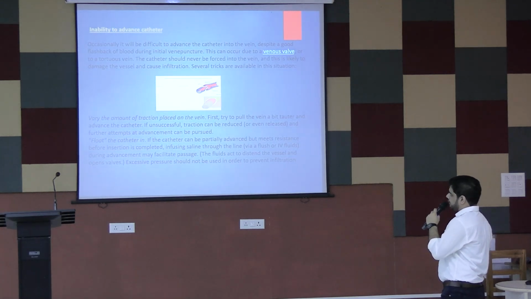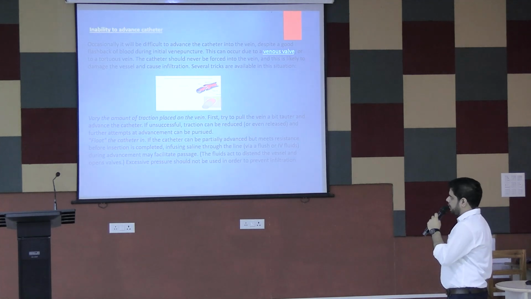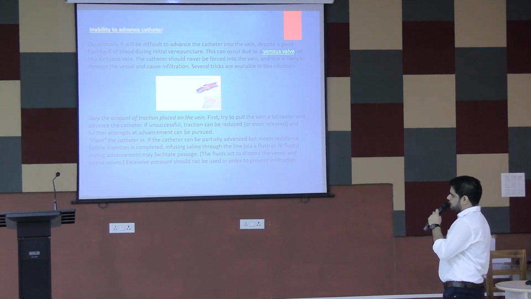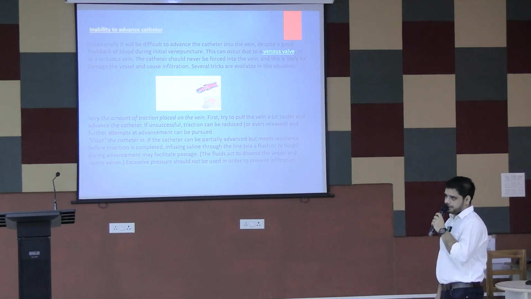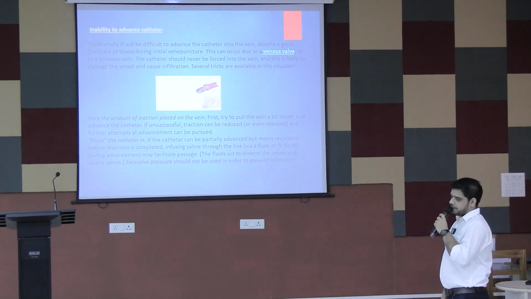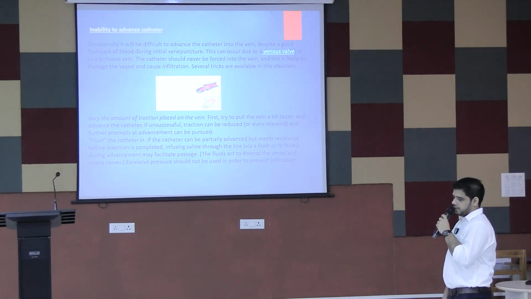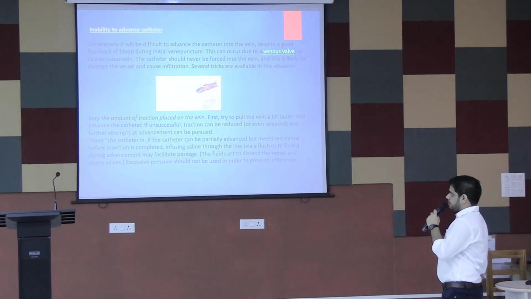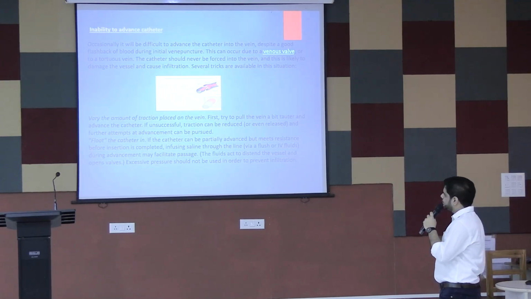So inability can happen multiple times. It is also possible if the patient has been given multiple courses of chemotherapy or radiotherapy, then the vessels are so narrow that IV introduction is much more difficult, and multiple times we are unable to introduce the catheter into the vein.